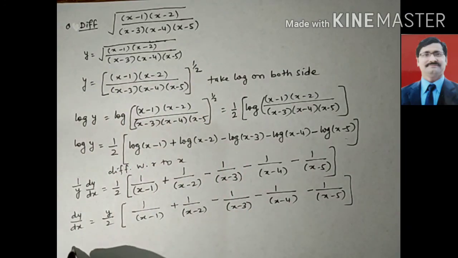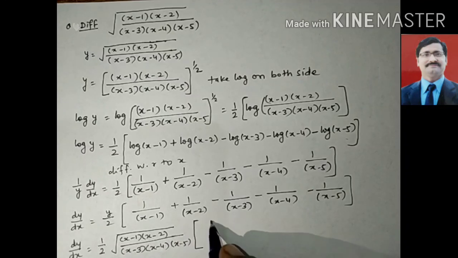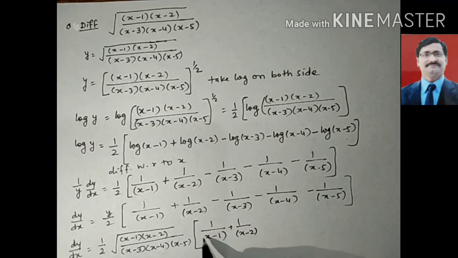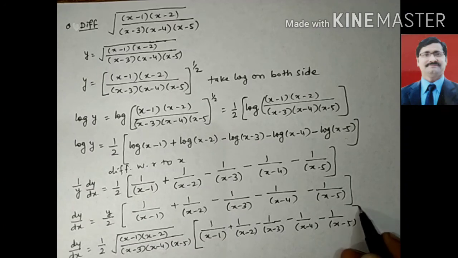So dy by dx equal to 1 upon 2, then this root of x minus 1, x minus 2 upon x minus 3, x minus 4 and x minus 5, and in multiplication we have 1 upon x minus 1 plus 1 upon x minus 2 minus 1 upon x minus 3 minus 1 upon x minus 4 minus 1 upon x minus 5. This is your final answer.